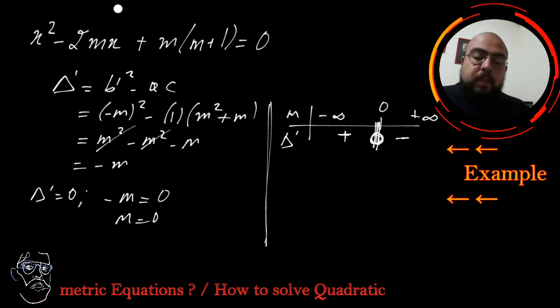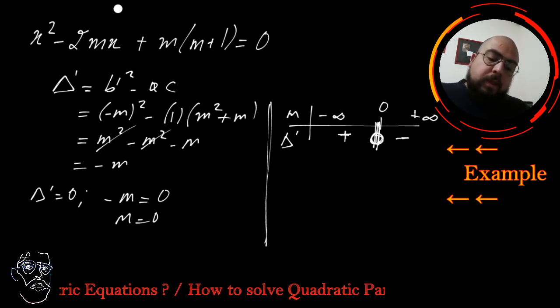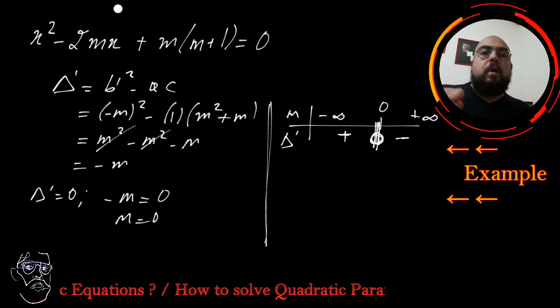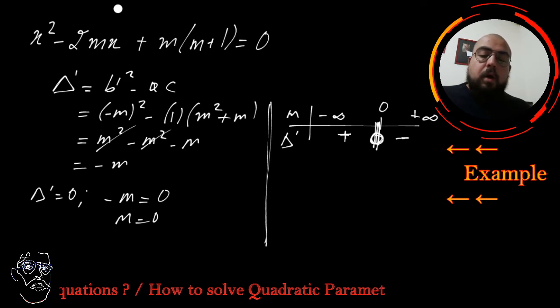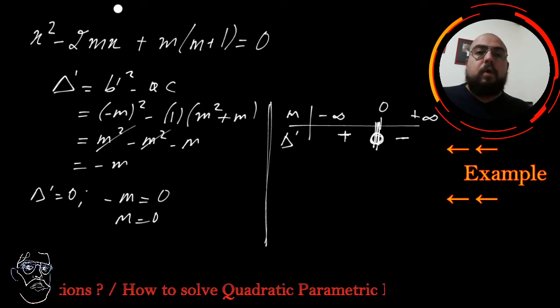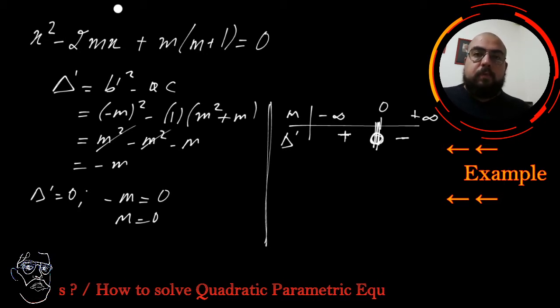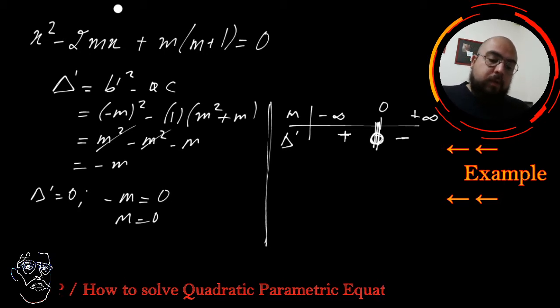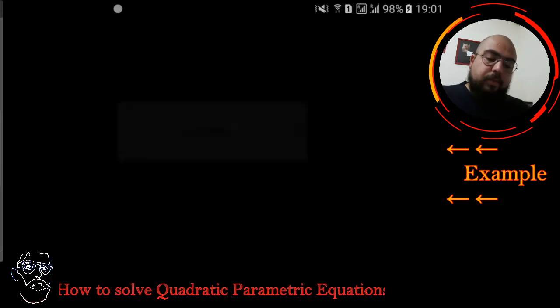So from this table, I can deduce that delta prime is positive for m belonging to the interval from minus infinity to 0. Delta prime is 0 for m equal to 0, and delta prime is negative for m belonging to the interval from 0 to plus infinity. So this is what I should write down in the solution part in order to solve it.